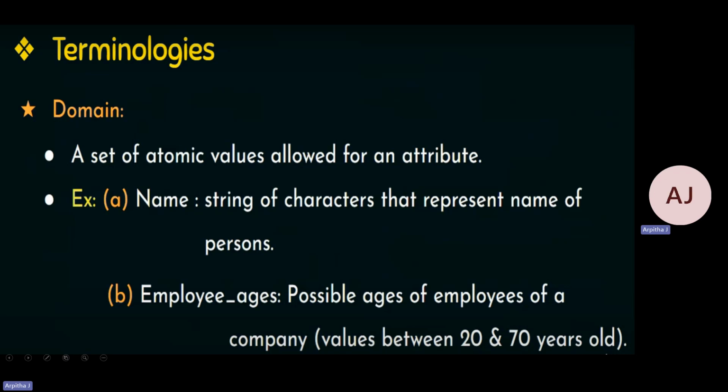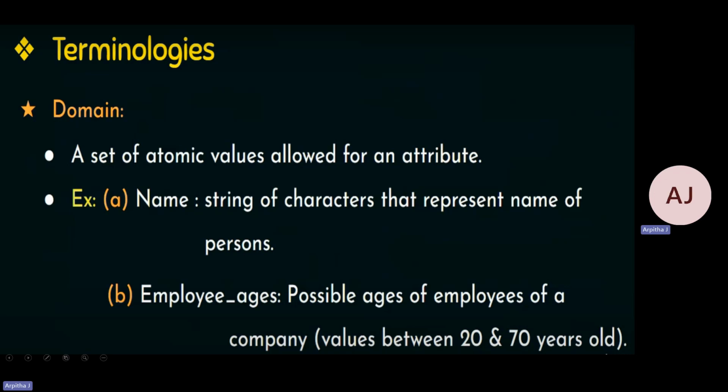These are the maximum set of values, the constraint they give, that you can enter for that particular attribute. Such a set of values which can enter an attribute we call a domain.